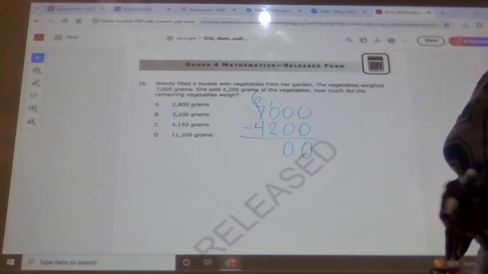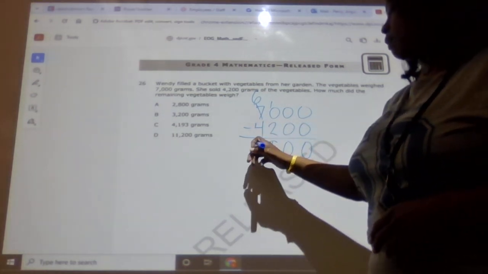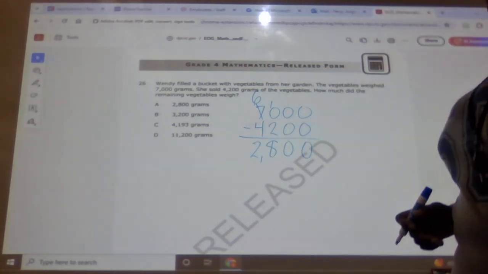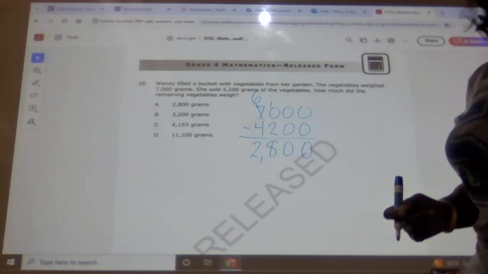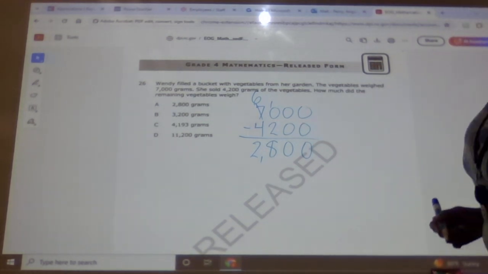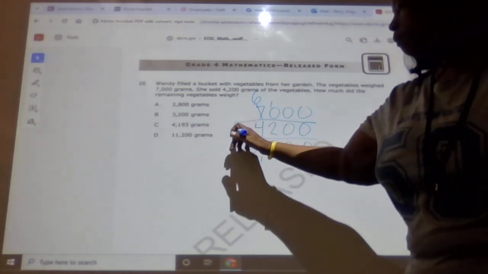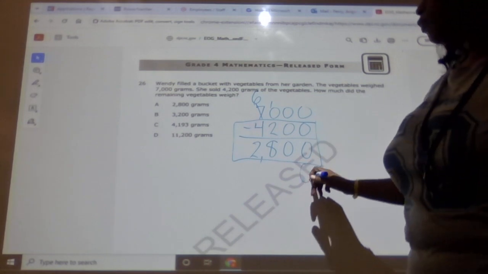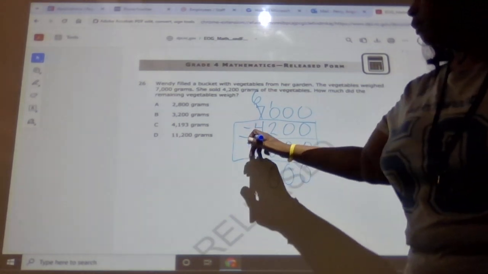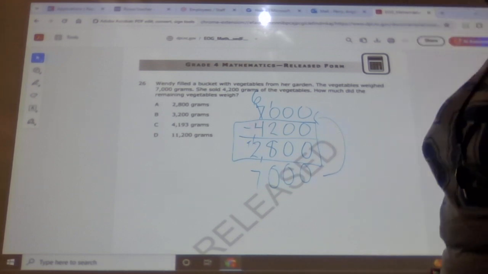And now over here we have 10 hundreds. 10 minus 2 is 8. 6 minus 4 is 2. 2,800 grams. That's how much remaining she has. You can always check to make sure you're right by adding these two. 0, 0, that's 10. 7. When you get that top number back, that's how you know your subtraction is correct.